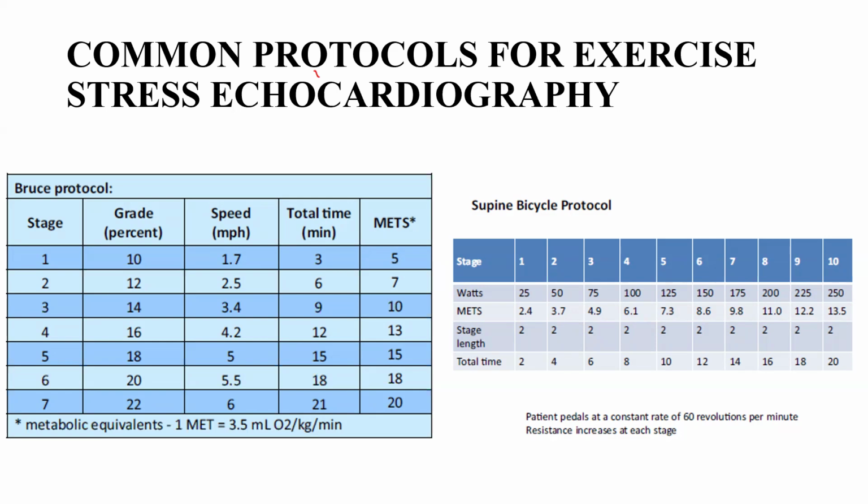The advantage of the bicycle stress echocardiography over the treadmill stress echocardiography is that with a bicycle, you can do the echo as the person cycles through the event. So you can tell where regional wall motion abnormality develops, at what stress load, at what rate pressure product.